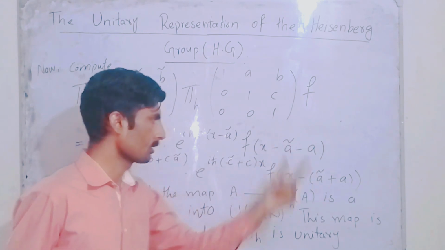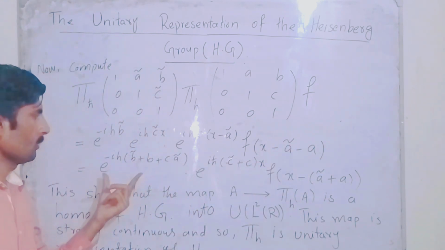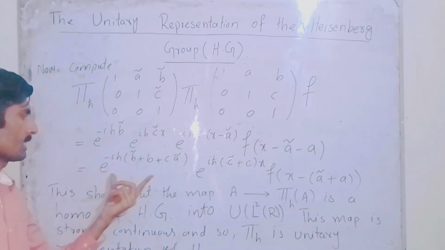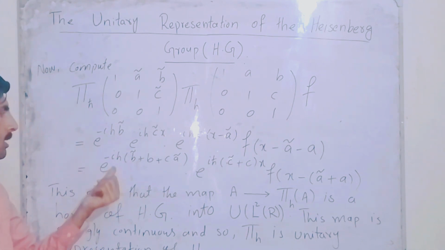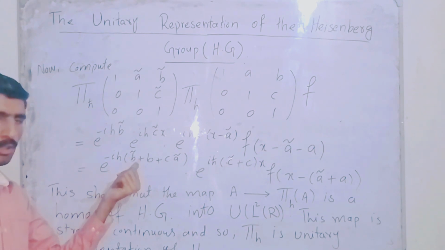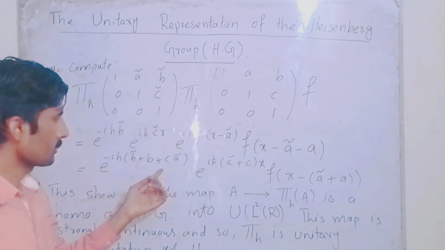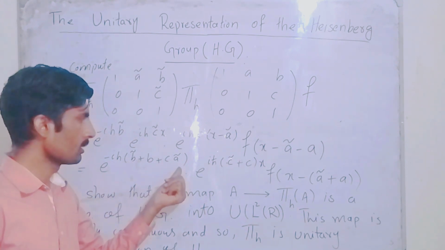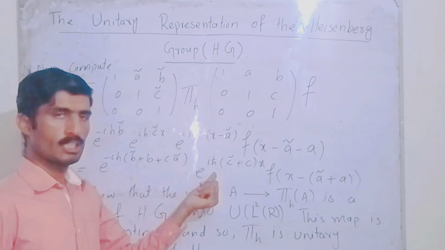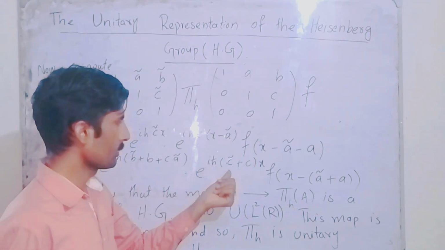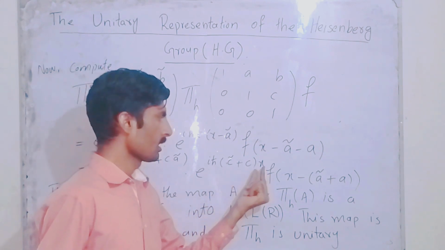Further, if we simplify this equation, we get e to the power minus i h times b tilde plus b plus c a tilde, times e to the power i h times c tilde plus c, times x, right?